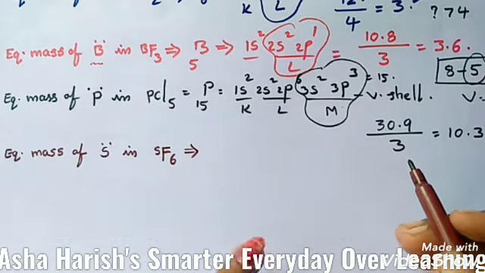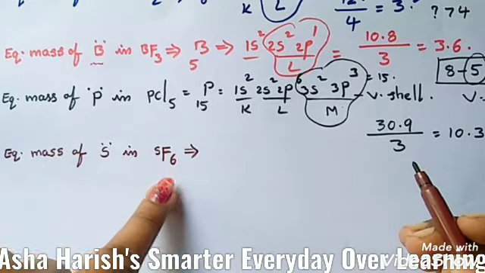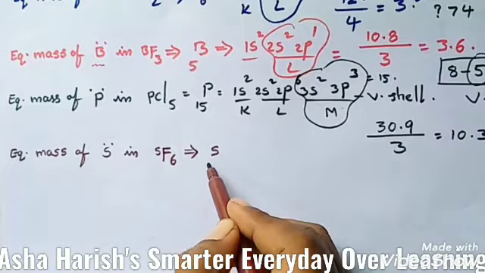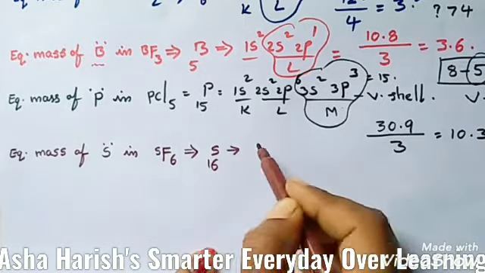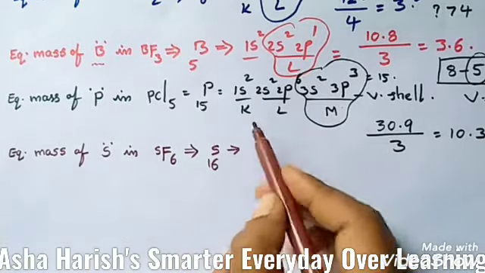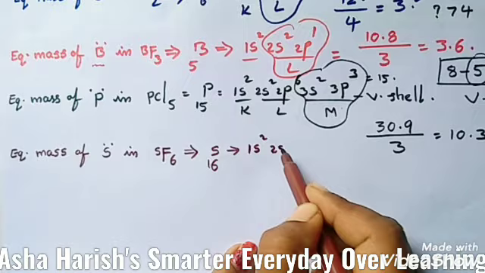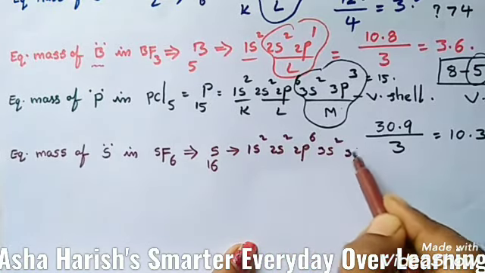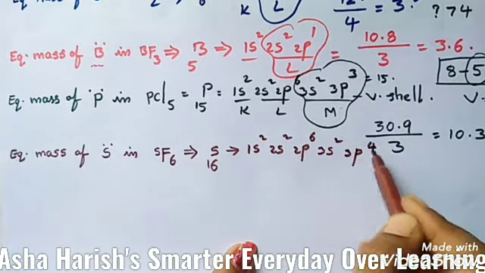Find the equivalent mass of sulfur in SF6, sulfur hexafluoride. Here the central atom is sulfur, the atomic number is 16. If you write the electronic configuration, 1s2, 2s2, 2p6, 3s2, 3p4.